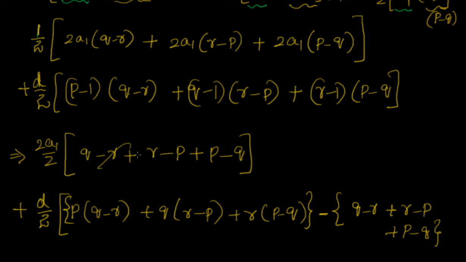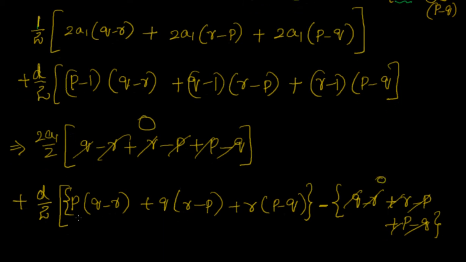Now you can see that r, p, q cancels. This whole thing becomes 0. And you can also see here q, r, p cancels and you have this 0. And you can cross check that this also will become 0. What are we talking about? p into q minus r.